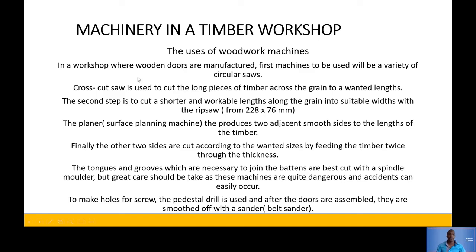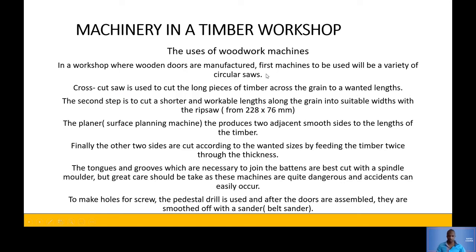But for the purposes of this, you start with circular saws and then you go to cross-cut saws. As you can see here, it says cross-cut saws. The saw is used to cut the long pieces of the timber across the grain to a wanted length.